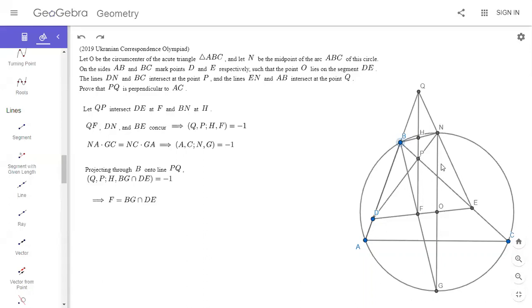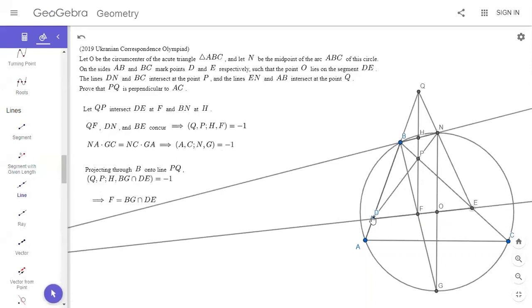So if we project G, O, N, infinity through P onto BN, we'd get B, N, H, or we want to show it's H. Is BN parallel to DE? I don't think so.